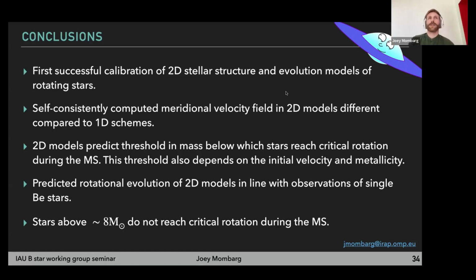Yes, I did play around a bit with that. The issue is that in STR, it's still quite difficult to explore a large range. If we go quite far away from these values, it becomes numerically unstable. So it limits me in testing right now what the effect would be.